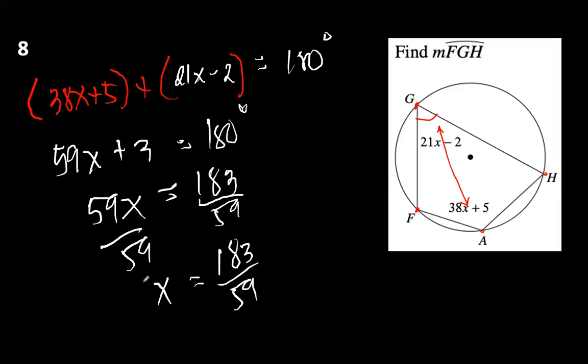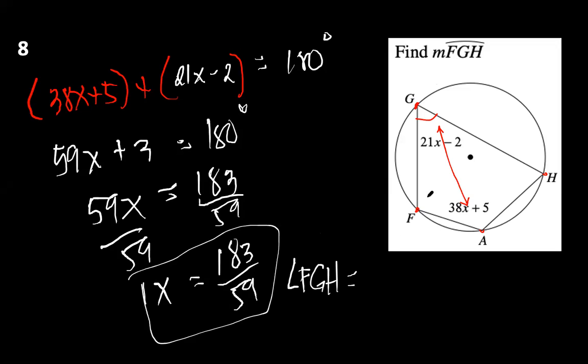So x is equal to 183 over 59. I think I cannot simplify that anymore. So this is our value of x, but we're looking for the measure of the angle FGH.